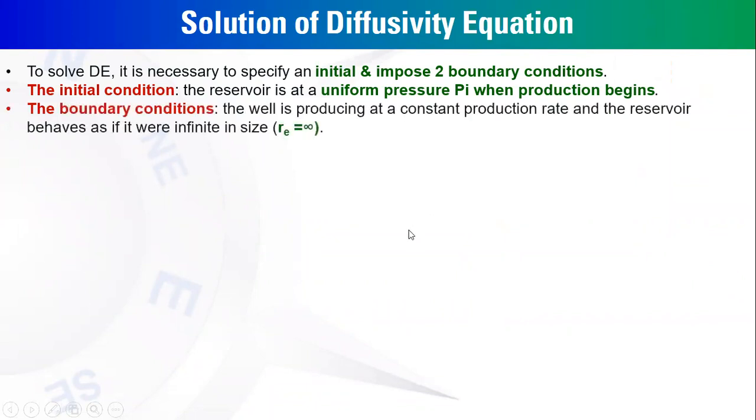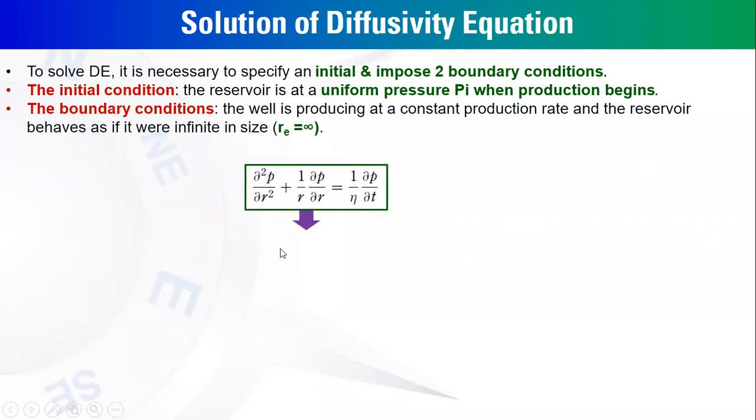For boundary conditions, we have two. First, the well is producing at constant flow rate, which is the basic assumption for pressure and rate transient analysis. Second, re equals infinity in the case of infinite acting radial flow.